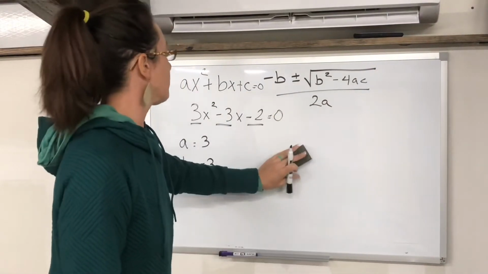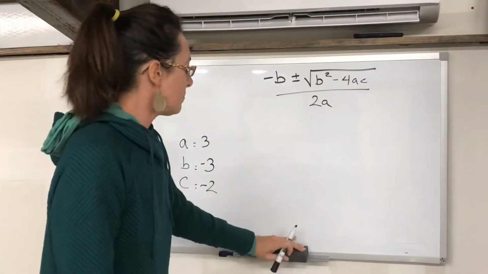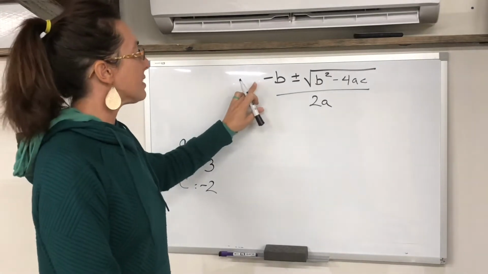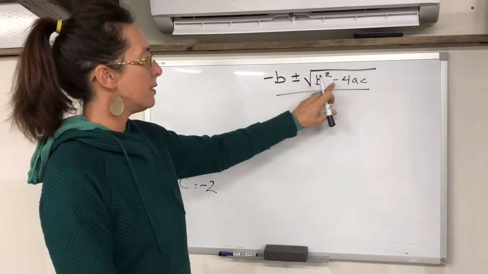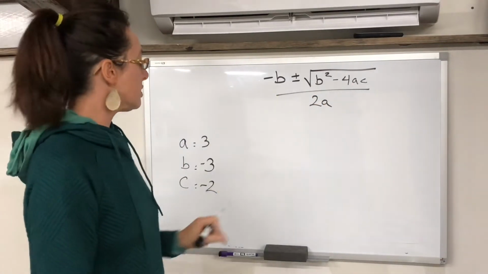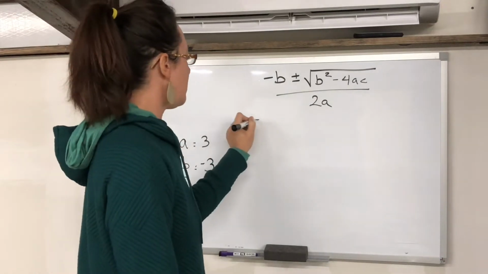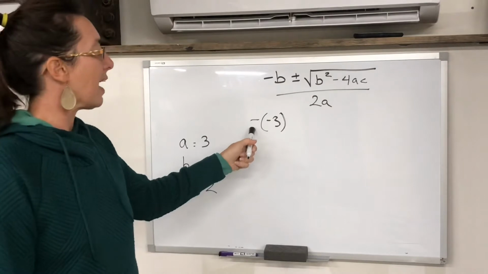Our formula states -b plus or minus the square root of b squared minus 4ac, all over 2a. So let's start plugging in our numbers. We have -b, and b is -3. See how we had the negative?